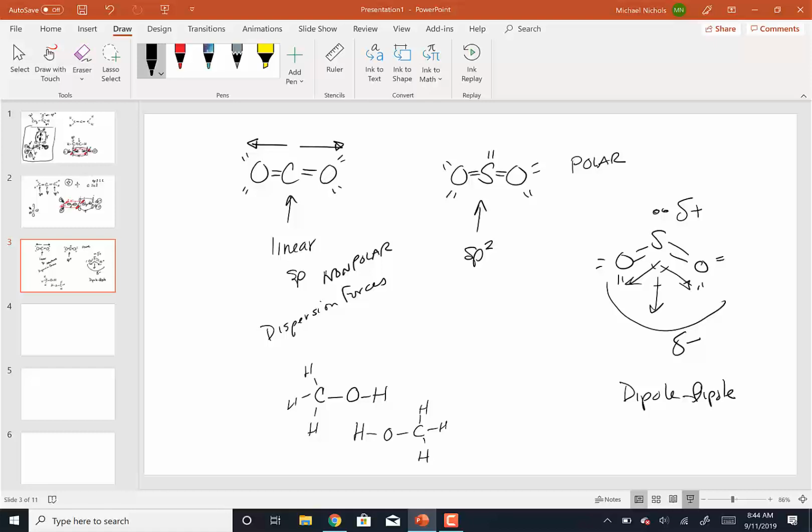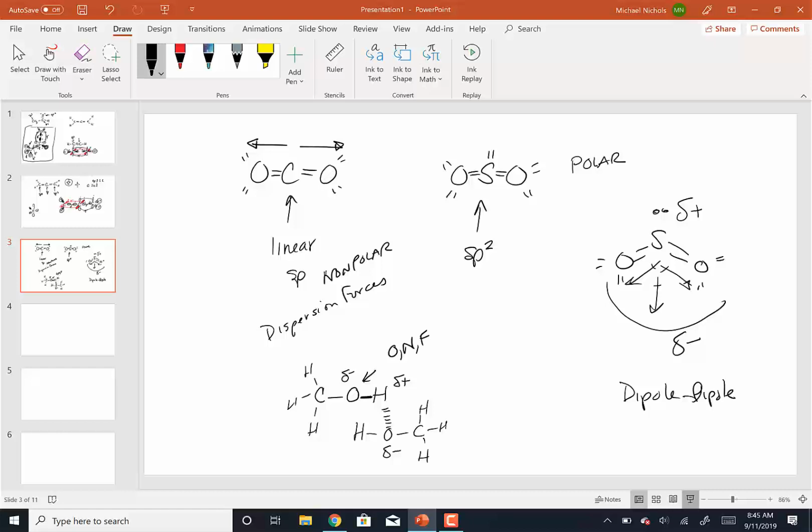In a hydrogen bond, you need to have an atom attached to the hydrogen, and that atom has to be an O, an N, or an F. Then the hydrogen bond is the electrostatic attraction between the hydrogen and another O, N, or F. So the oxygen is delta minus, the hydrogen is delta plus, and this oxygen is delta minus, and that sets up the hydrogen bonding: the electrostatic attraction between the H delta plus and the O delta minus.